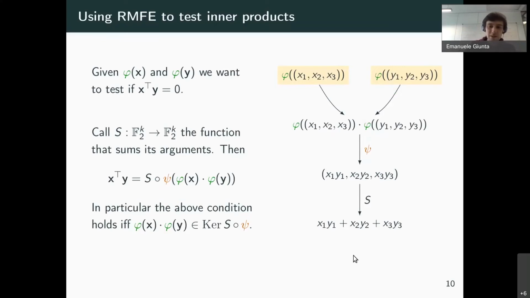To compute the scalar product, the basic idea is to consider another linear map, the map S, that goes from F2 to the k to F2, takes a vector, and simply returns the sum of all its components. Given two encodings, we can multiply them and apply psi to get the Hadamard product of these two vectors, and summing, of course, we get the inner product.